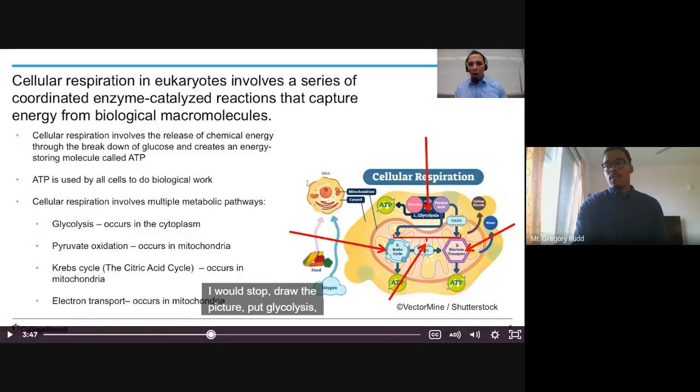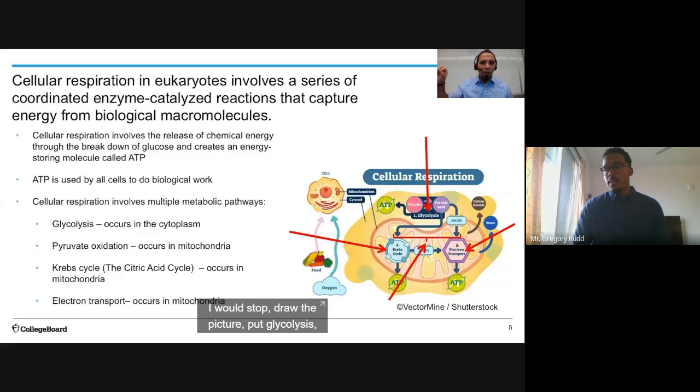So instead of bullet points, why don't we write numbers? Sorry. Put glycolysis. Let's write numbers. 1, 2, 3, 4. 3 of the 4 are taking place inside of a mitochondrion. The first one, glycolysis, happens inside of the cell's cytoplasm.